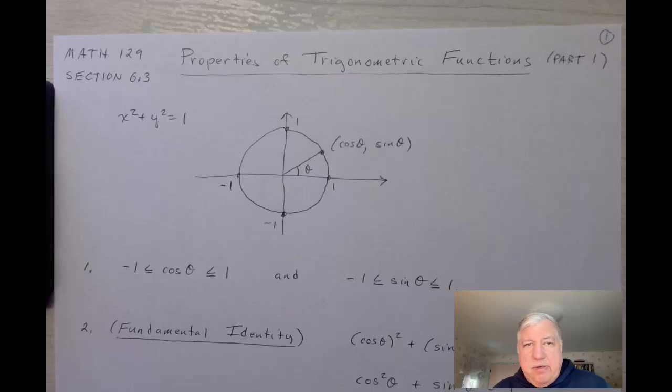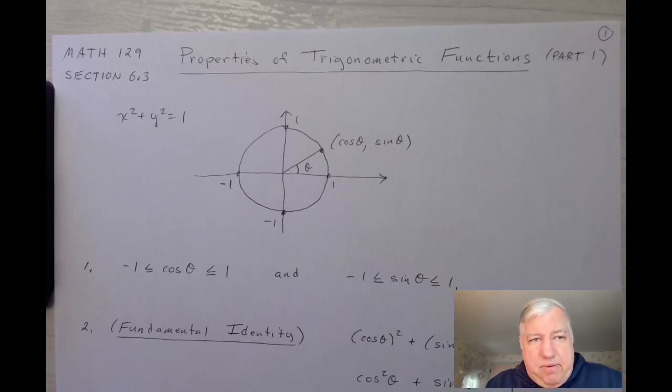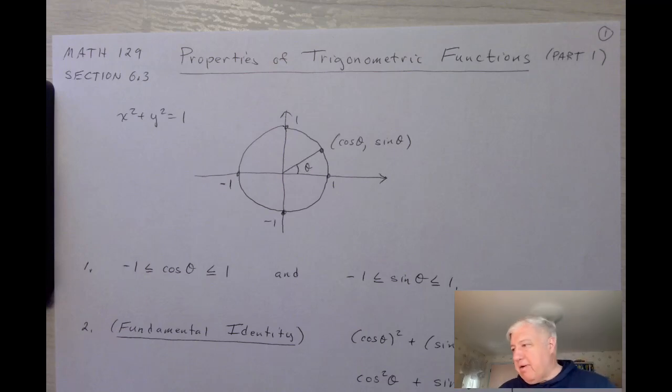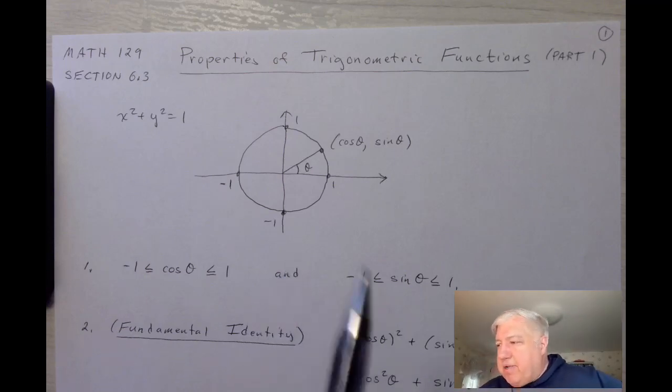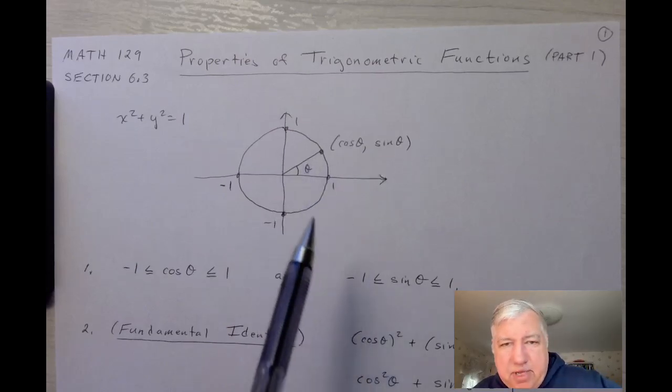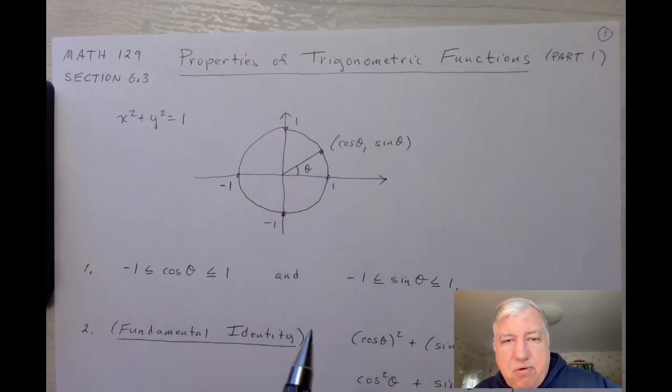Okay, so we're going to develop a few properties and even some identities here, and it's going to look like a lot of stuff being thrown at you, but in a way we're just stating the obvious from this picture here. First off, because we have the unit circle, it's the circle of radius 1 centered at the origin.